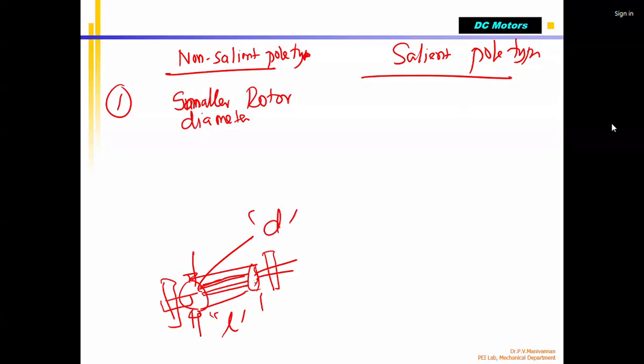So the non-salient pole motor has no projections, and the diameter D will be smaller for the same power and same torque compared to the salient pole type. For non-salient pole, the diameter will be smaller, but the rotor length will be longer. So smaller diameter, longer length.